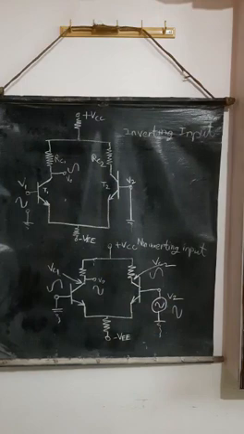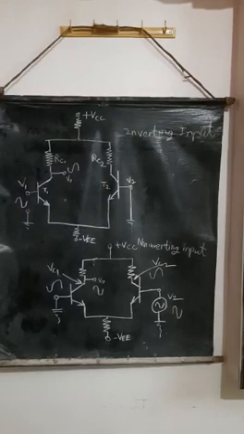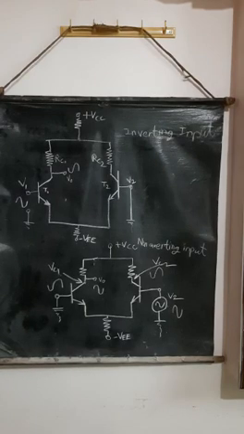When input signal is applied to the V1 and V2 is grounded, as shown in the figure, the resultant signals are shown. The collector of T1 gives inverted output because of transistor action. Hence, V1, the base of T1, is called as inverting input.